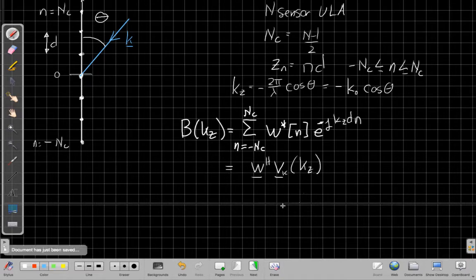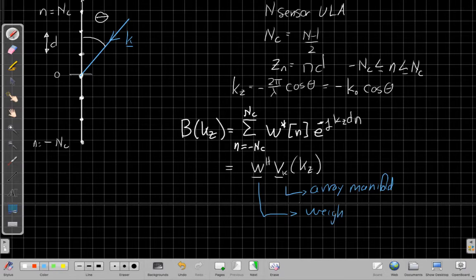But again, just reminding ourselves, this is the array manifold. This is the weight vector. And this superscript H is what we use to refer to conjugate transpose.